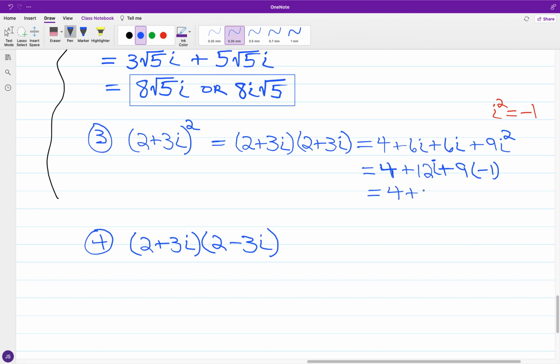So you have 4 plus 12i minus 9. And combining the constants, you have 4 and -9, so this would be -5. And with the i term following, this would be plus 12i.